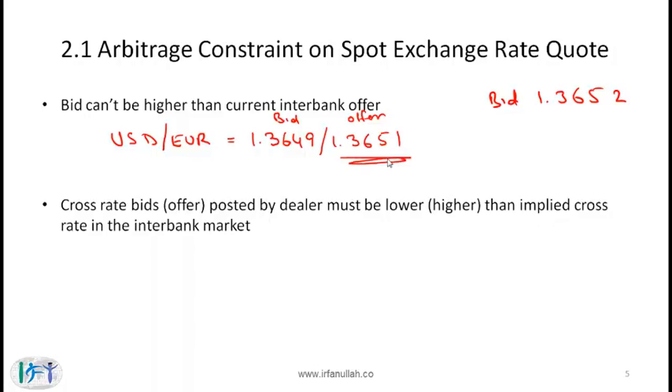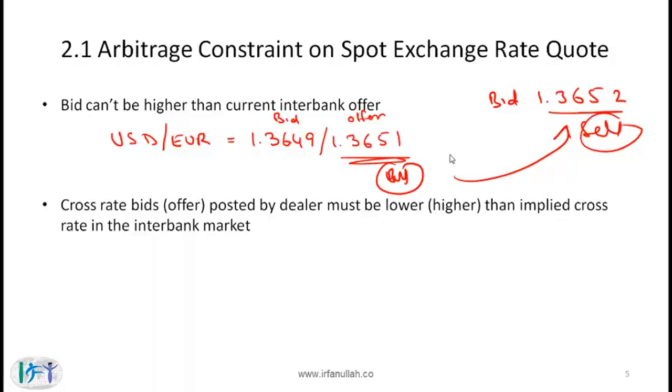So a third party can buy at this rate and then sell at this rate. Bid over here means that a dealer is willing to buy at this rate. So the third party making an arbitrage profit is going to buy at this rate and then sell at this rate.